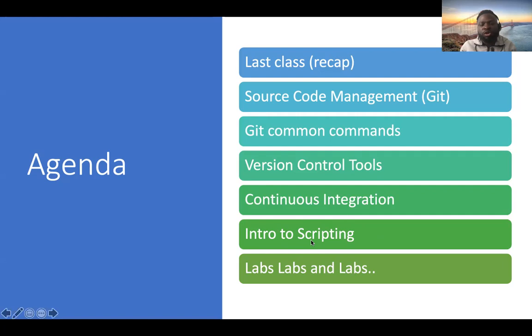I've had a lot of questions like, is there coding in DevOps? I would say yes and no, because we use it as scripting. Some of the languages used in scripting that are very common are shell scripting, which is like the Linux stuff we did the other time.